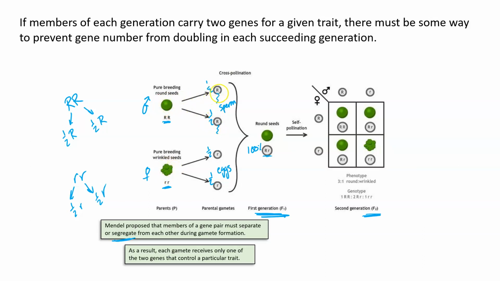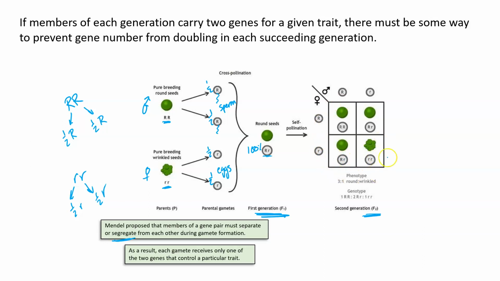They're going to pass this allele on half the time, this allele half the time. These parents will pass their alleles on half the time. So half of this male's offspring will get a big R from him, and half will receive his little r. This female, half of her offspring will receive the big R from her, and half will receive the little r from her.